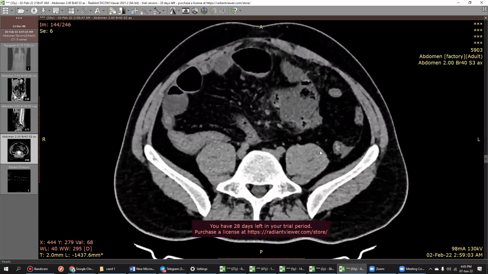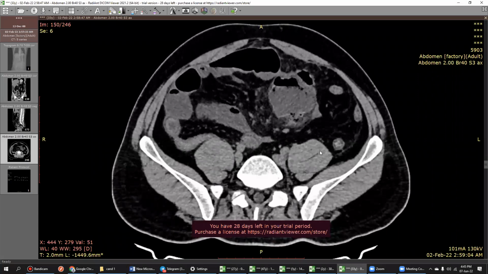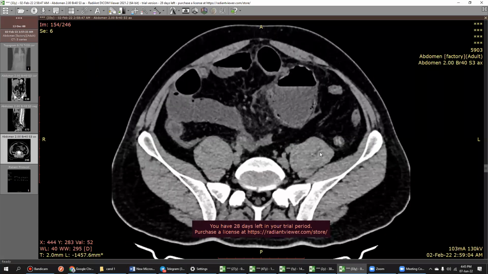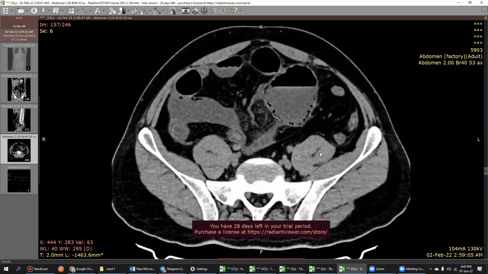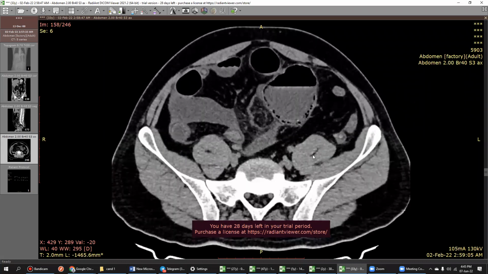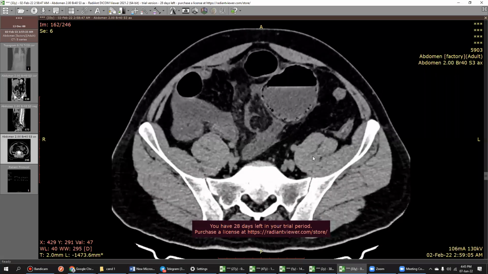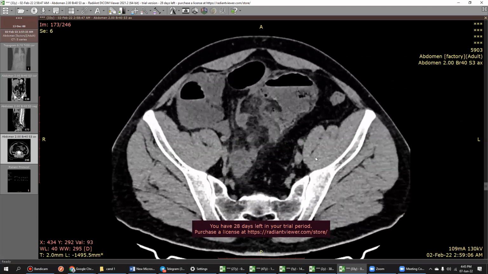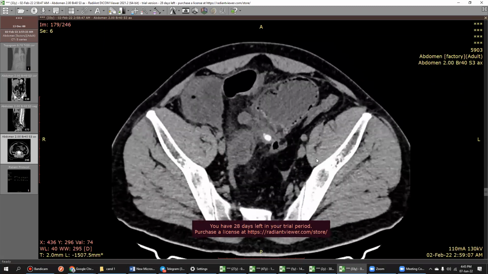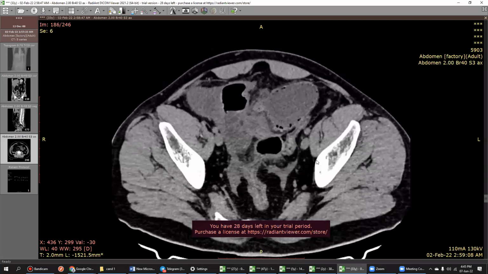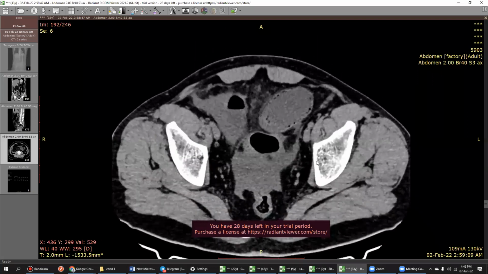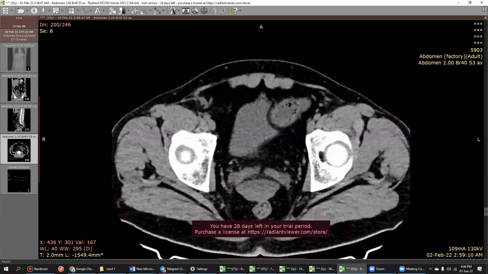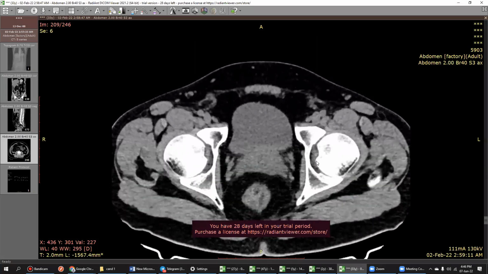Okay, so I can see there is an area of bowel which is showing dilatation with pneumatosis and associated fat stranding in the surrounding area. I'm just trying to make out which part of the bowel it is arising from. I can see there is some fluid in the pelvis as well.